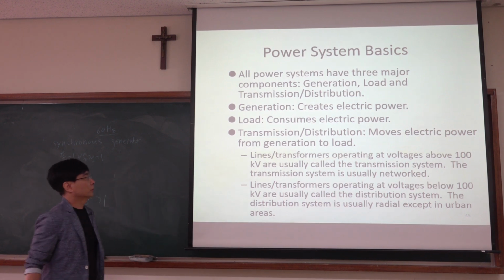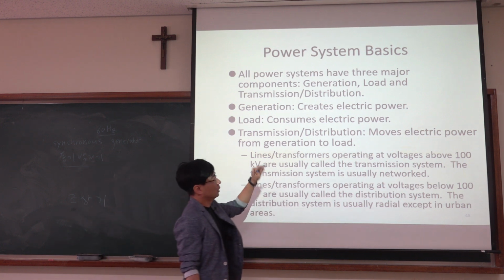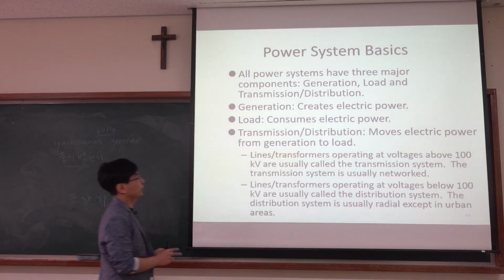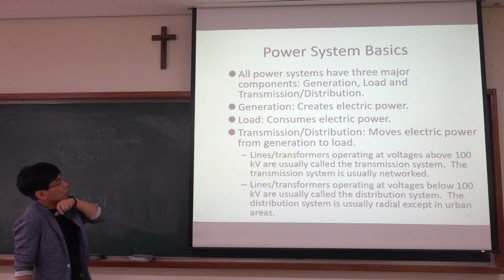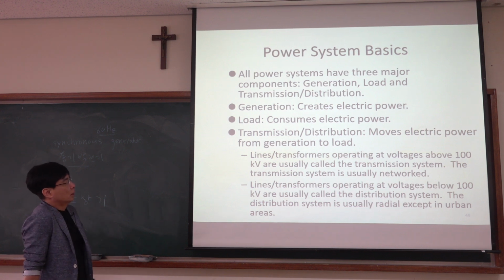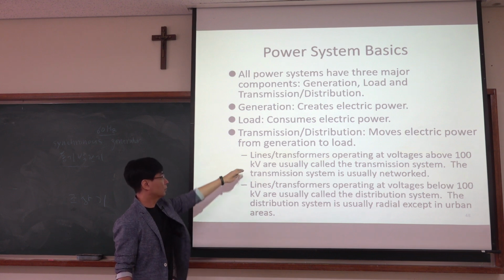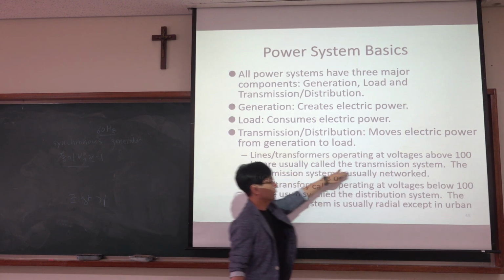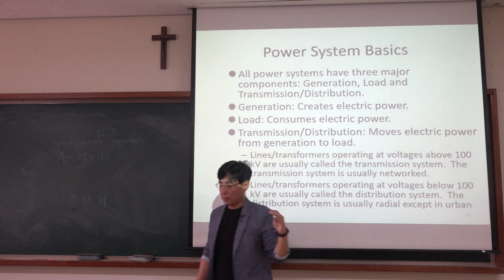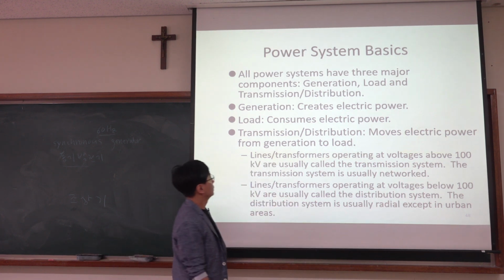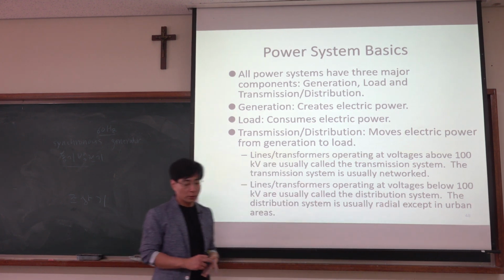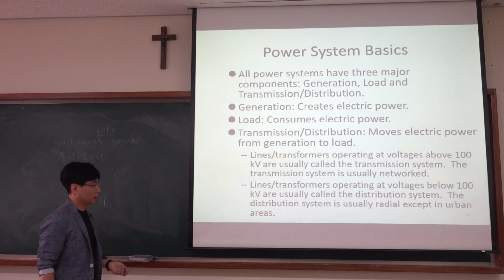Load consumes electric power. Transmission distribution moves electric power from generation to load. Lines and transformers operating at voltages above 100 kilovolts are usually called the transmission system. There is no clear definition about this, just a rule of thumb. So over 100 kilovolt is called transmission system.